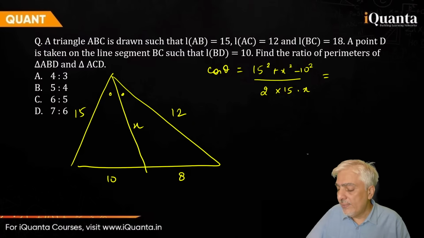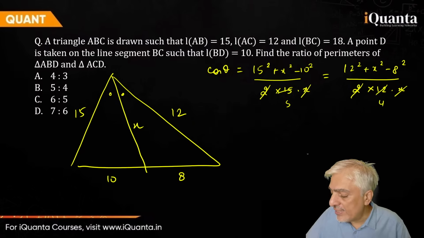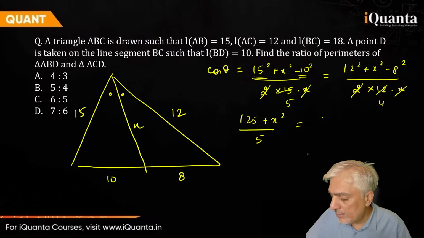For the second triangle, it is 12 square plus x square minus 8 square upon 2 into 12 into x. 2x, 2x cut. 225 minus 100 was 125, plus x square upon 5 is equal to 144 minus 64, 80, plus x square upon 4.